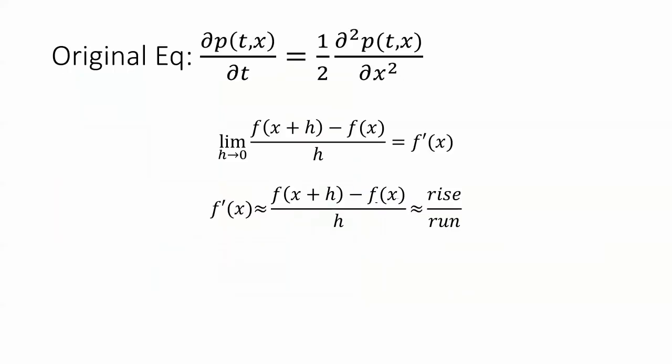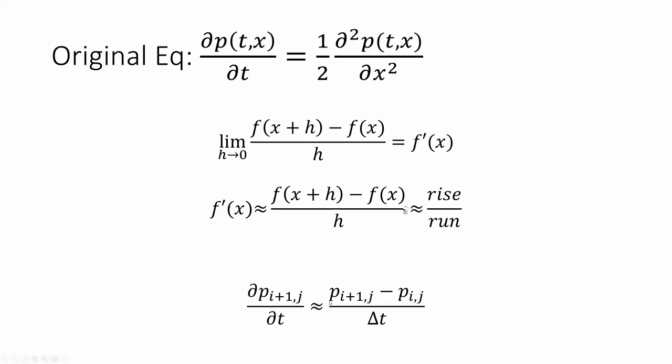All right, so remember that finite difference is approximating the slope between 2 points. So here we have the definition of derivative. And if we just take away that limit and make h a very small value, we can get an approximation of the derivative of f at x, right? So if we wanted to write that in our notation here in this Gaussian problem, we'd get something like this.